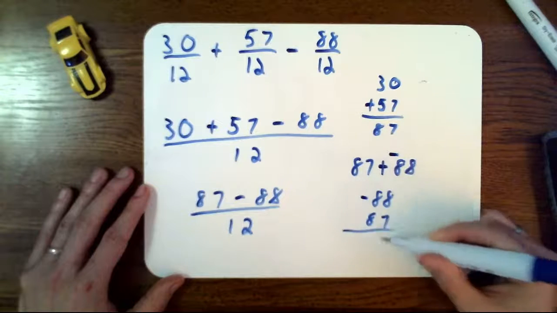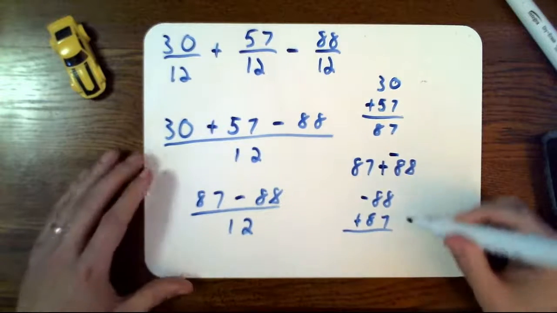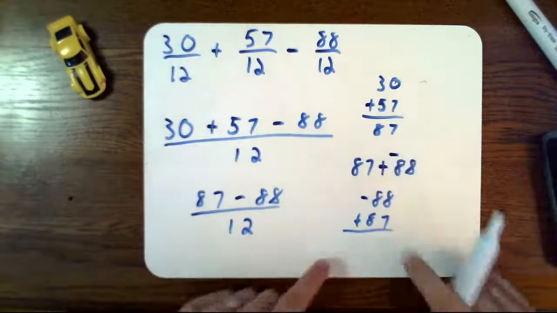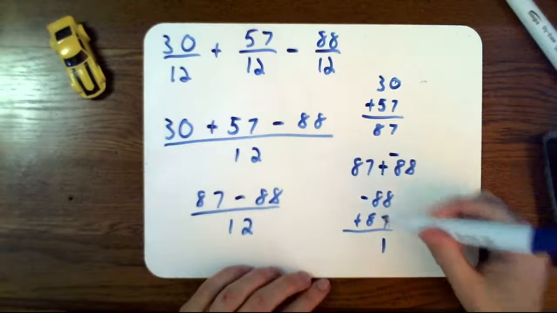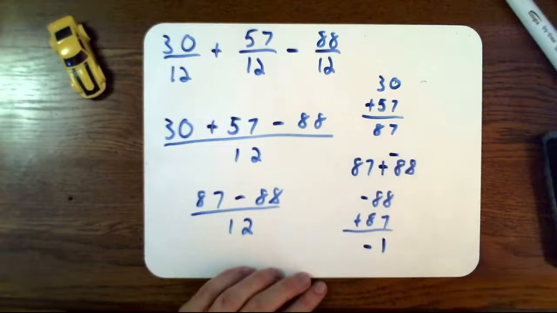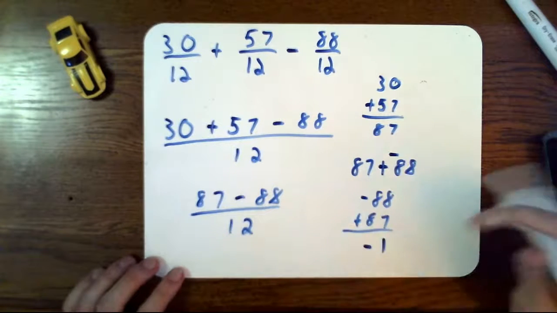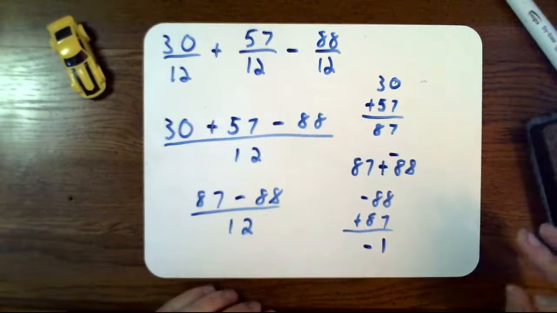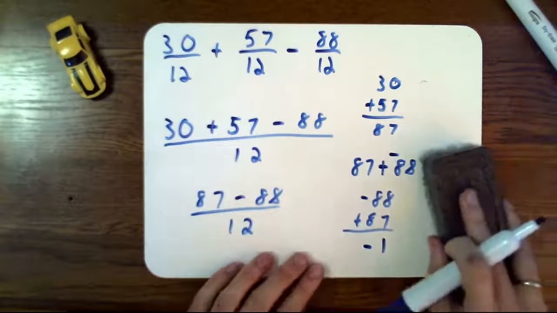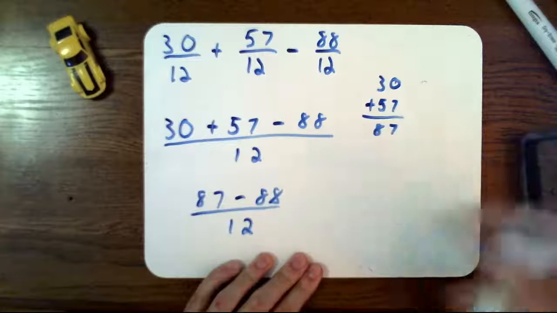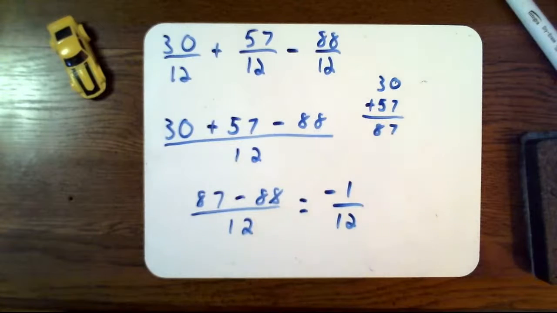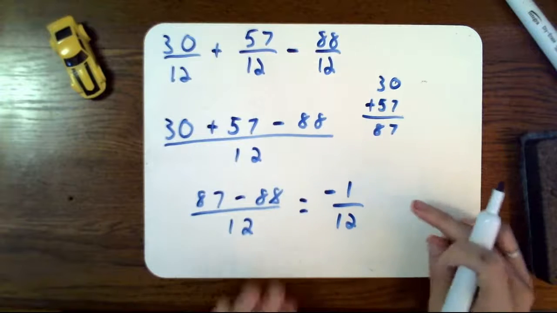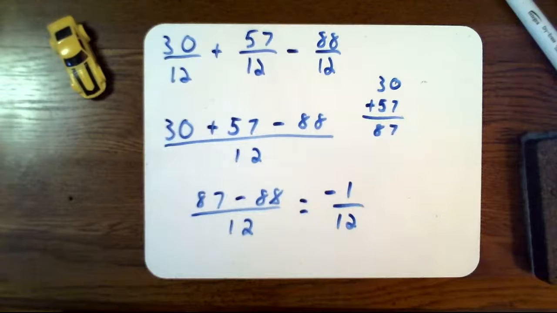If this helps you keep everything straight, go ahead and do it. The important thing is different signs, find the difference, keep the greater sign. So we know the difference is 1, keep the greater sign. So this number, completely simplified, is -1 over 12. And this is already in lowest terms because 1 is 1. We can't make that look any smaller than it is.